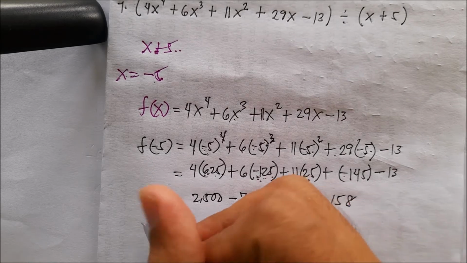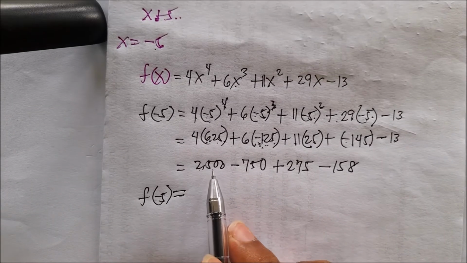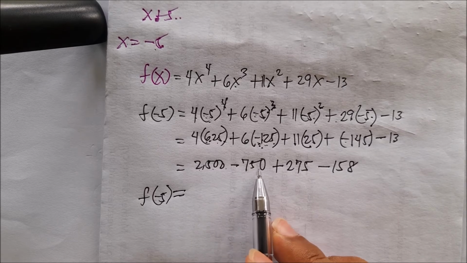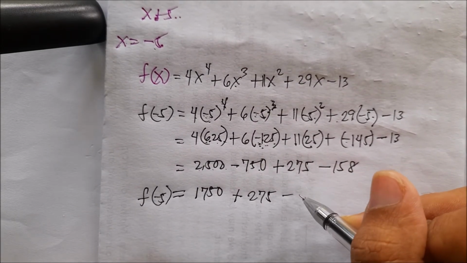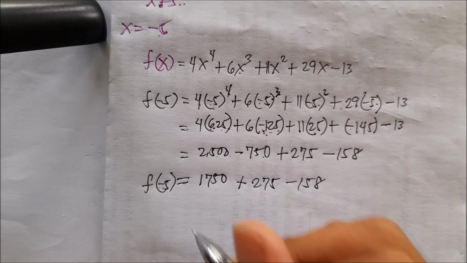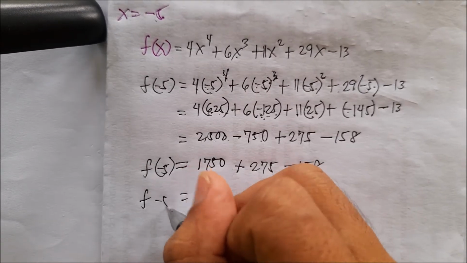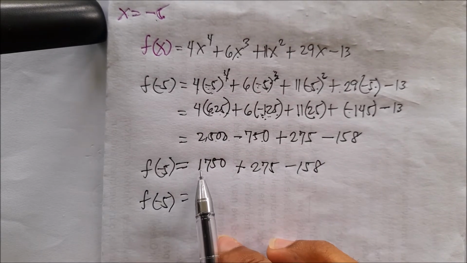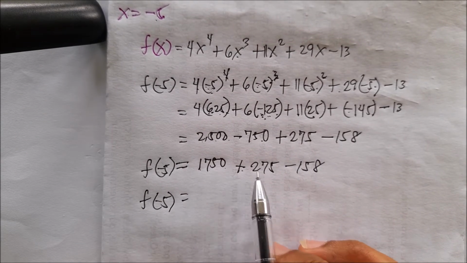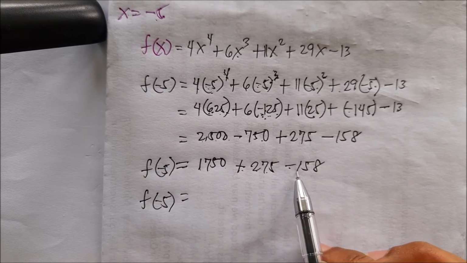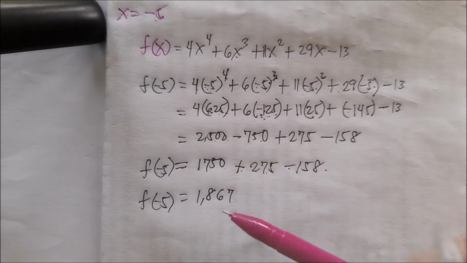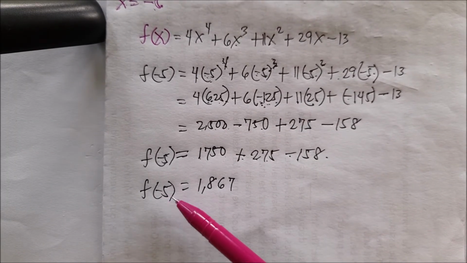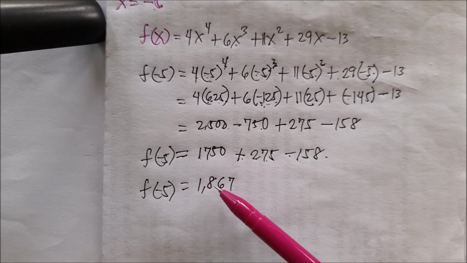So f of negative 5 equals 2,500 minus 750, which is 1,750, plus 275 minus 158. Then 1,750 plus 275 minus 158 equals 1,867. From the result here, f of negative 5 equals 1,867.